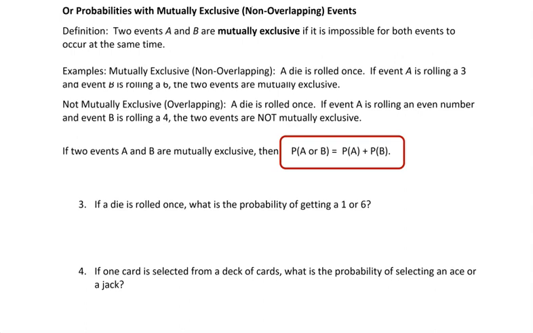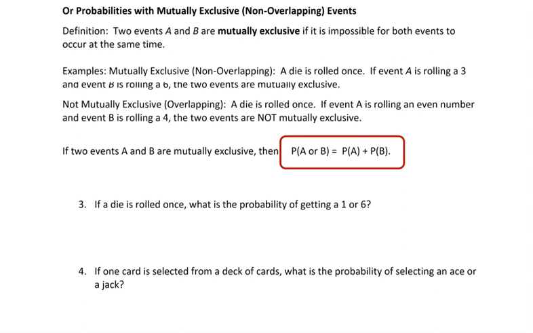You're only ever going to get one number on a die. So those are mutually exclusive. Not mutually exclusive just means they do have an overlap. So that'd be like if you rolled that same die and we said an even number or rolling a 4. Well, 4 is an even number, so there is an overlap there. So those are not mutually exclusive.